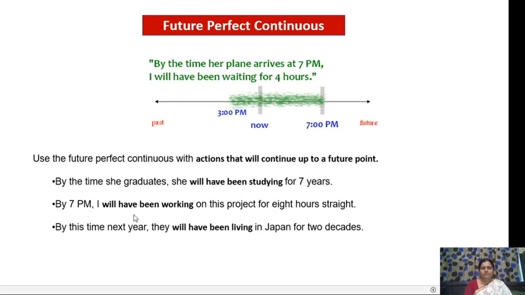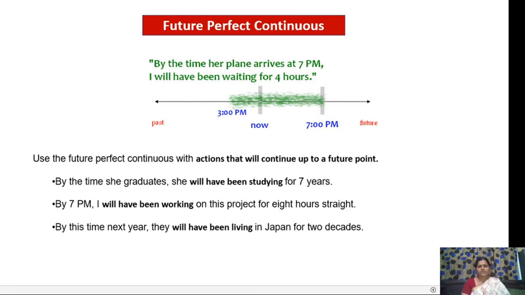By 7 p.m., I'll have been working on this project for 8 hours straight. So by 7 p.m., that means, up to that point in the future, I will have been working on the project for 8 hours. By this time next year, they'll have been living in Japan for 2 decades. So these are all expressions which represent actions that will continue up to a future point in future perfect continuous tense.